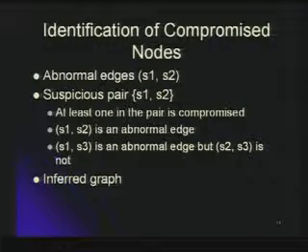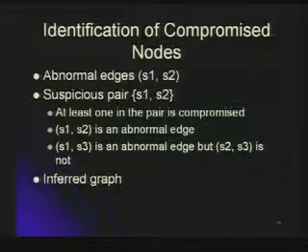Obviously this is one situation. In another situation, suppose S1 and S2 are observing the behavior of the same node S3. But S1 thinks S3 is good, while S2 thinks S3 is bad. Then I know that one of S1 and S2 must be bad.